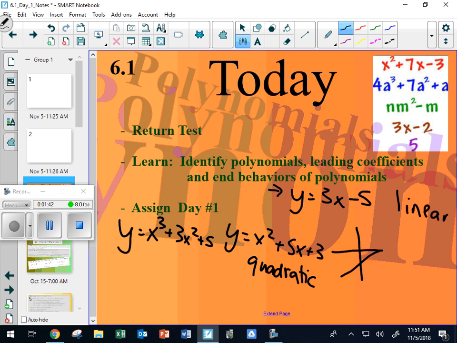So it is a cubic function, right? All three of these, and if we kept on going, say x to the fourth power, x to the fifth power, and on and on, all of them fit into a category called polynomials. So that's basically what polynomials are.